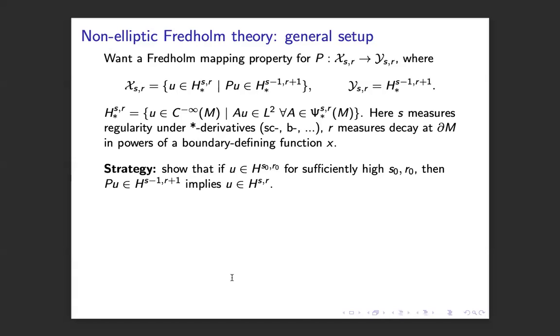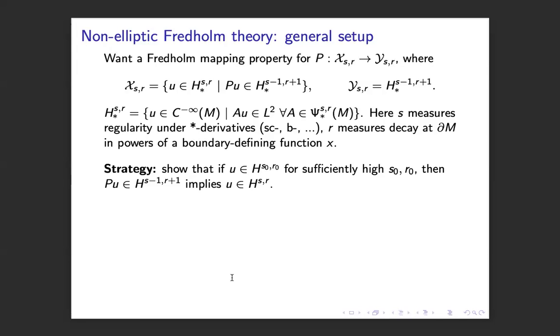So we accept that we lose one order, and instead we look at these spaces here. Let's look at the operator mapping from the Sobolev space to something which only goes one order down, and also gains one order of decay.